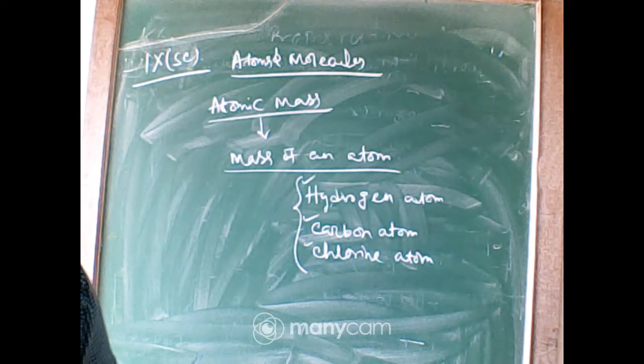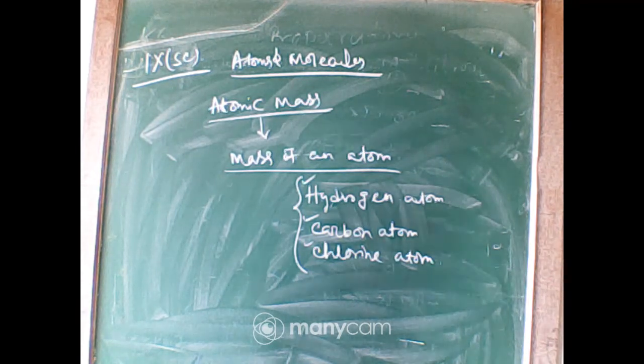Now this part is given on page number 34 of your science book. Everyone open page number 34 and follow the right column where the atomic mass is given in section 3.2.2.